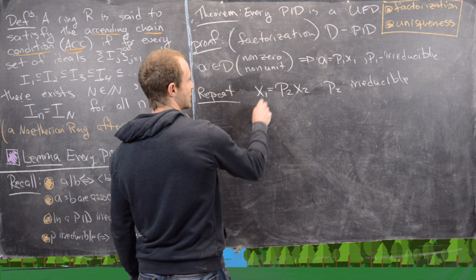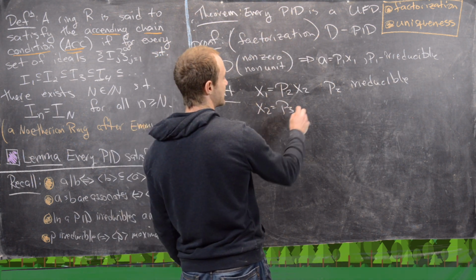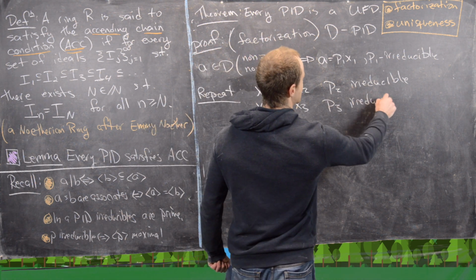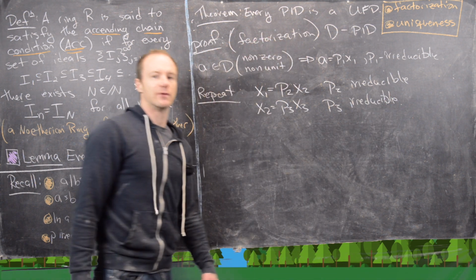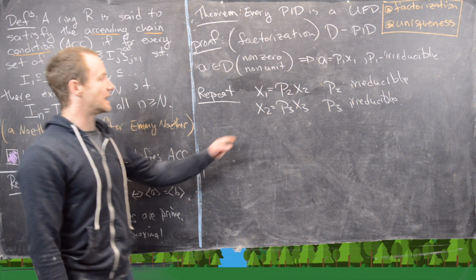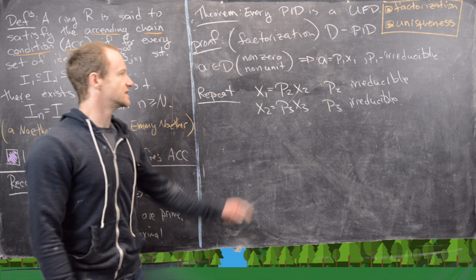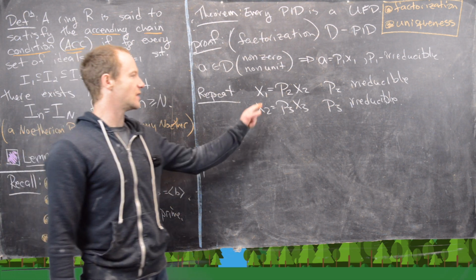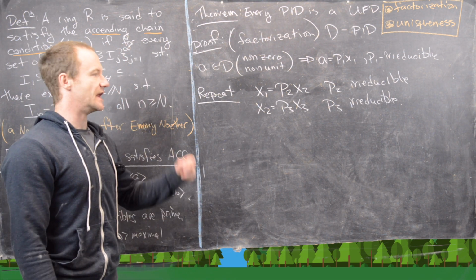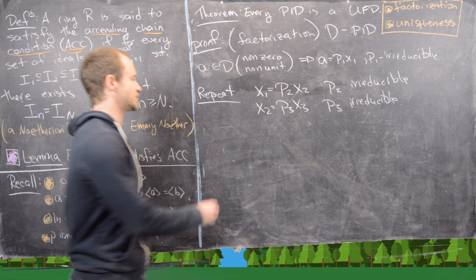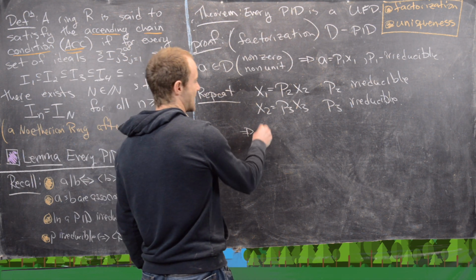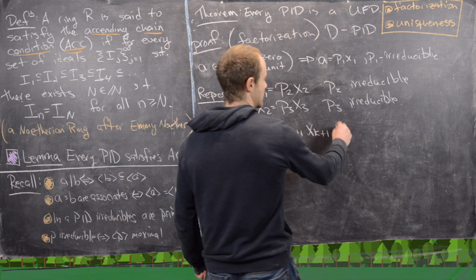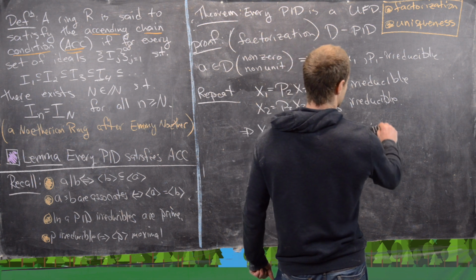And then furthermore, we could write X2 as P3 times X3, where P3 is irreducible. Just repeating the process that we outlined on the last few boards on each of these subsequent X's. So we're repeating it on X1, X2, X3, and so on and so forth in order to pull out an irreducible from the factorization. So in other words, we can write Xk as Pk plus 1 times Xk plus 1, where Pk plus 1 is irreducible.